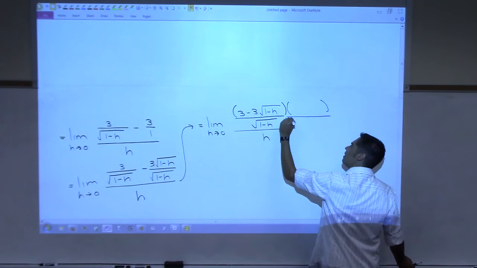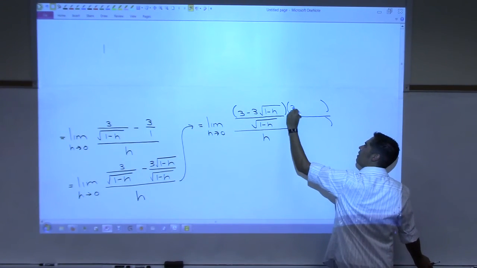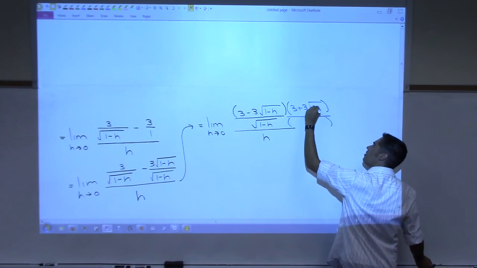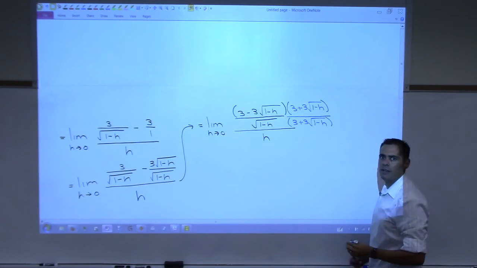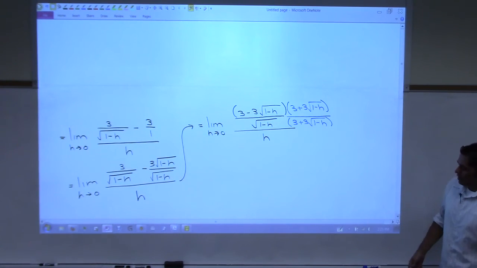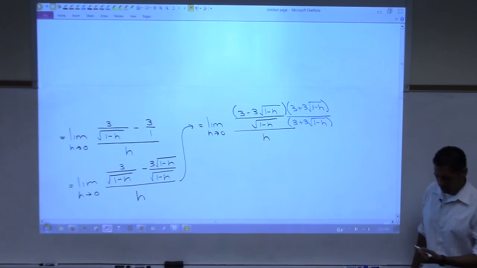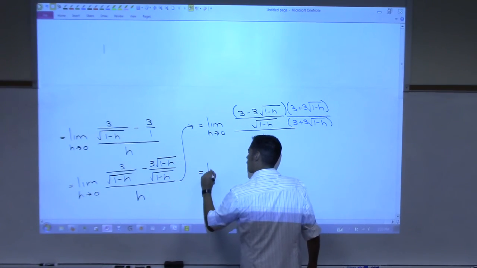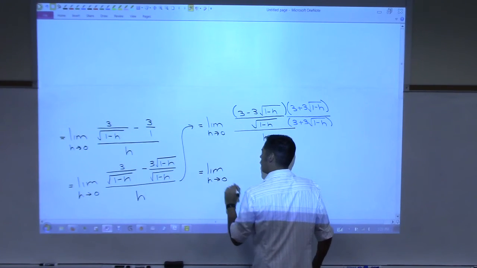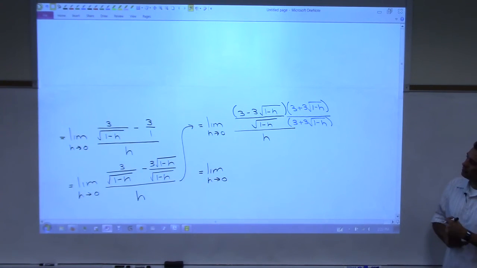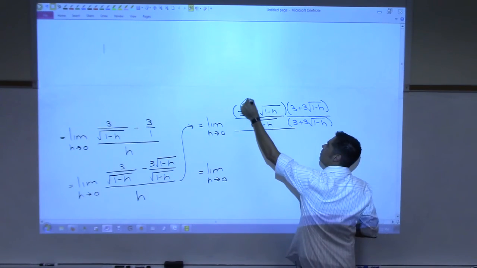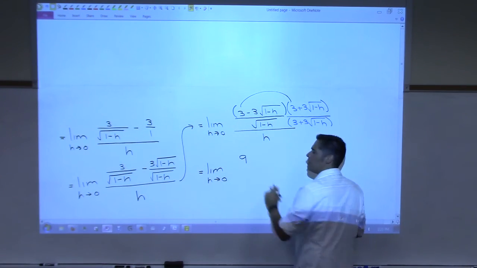And that 1 is going to be 3 plus 3 root 1 minus h over 3 plus 3 root 1 minus h, and I get the pleasure of putting that together. Nine. Middle terms are gone, right?